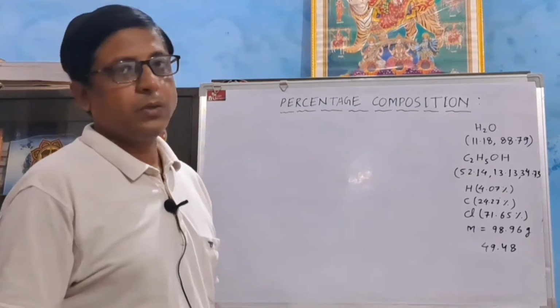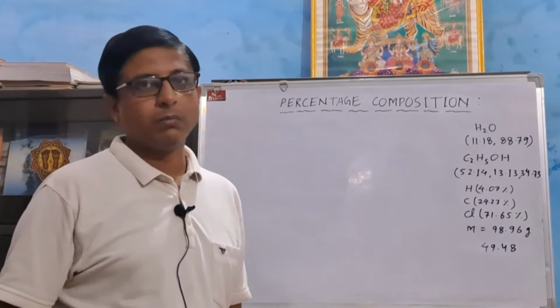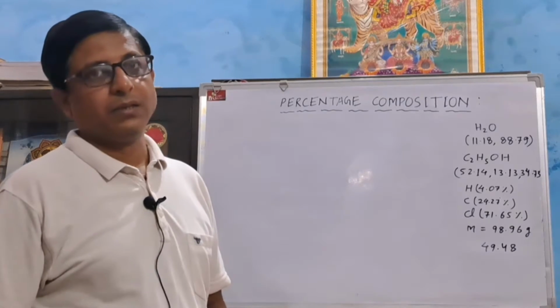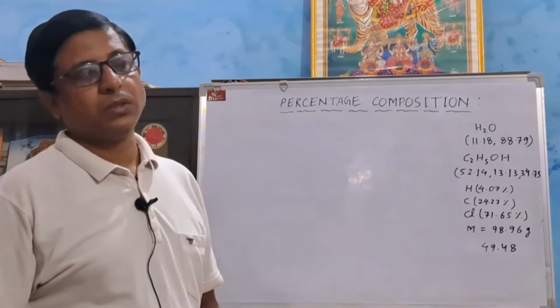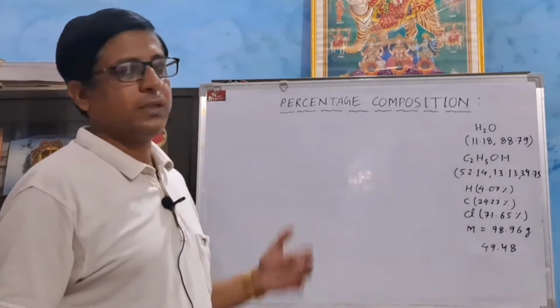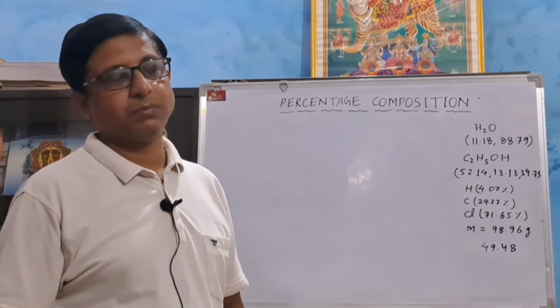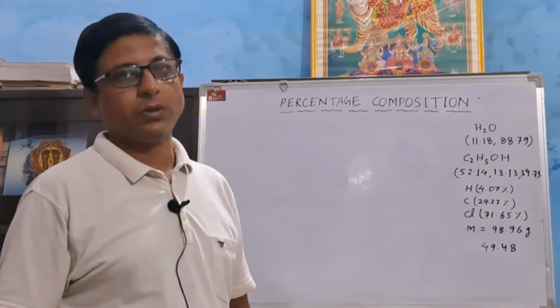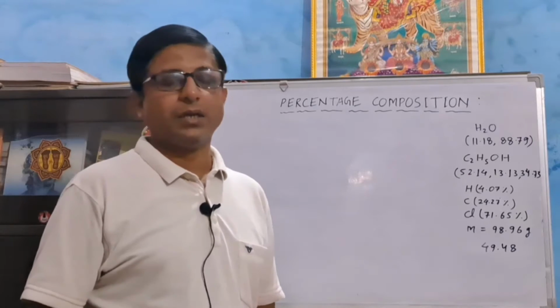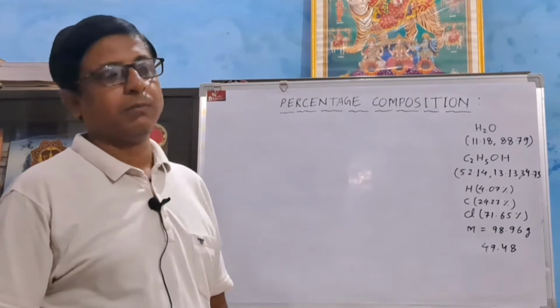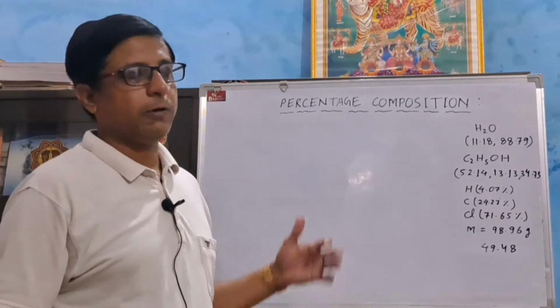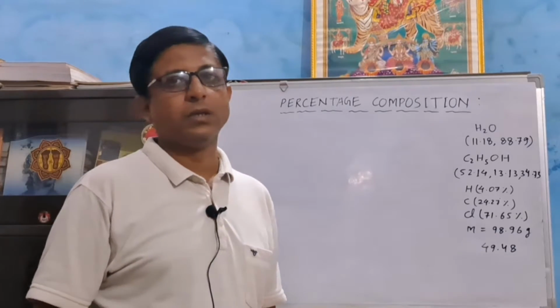Suppose an unknown compound or new compound is given, then one would ask the question: what are the different constituents present in the compound, what is the ratio of different elements present in the compound, or what is the formula of the compound.